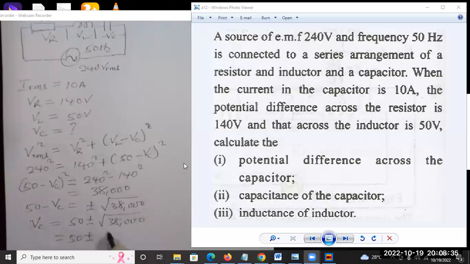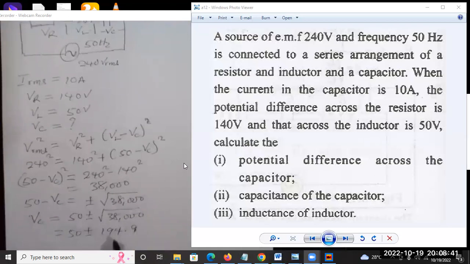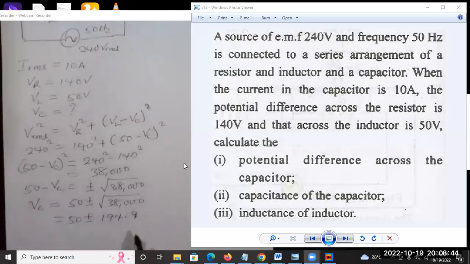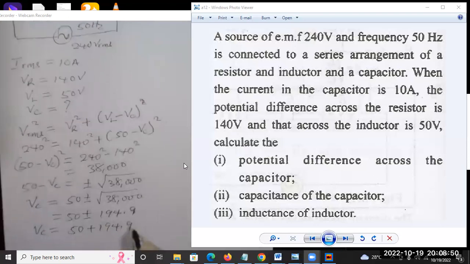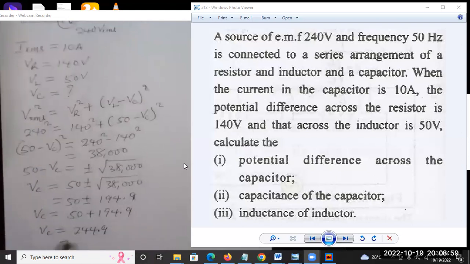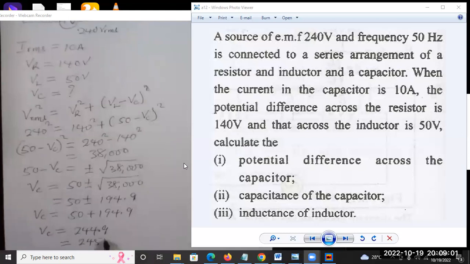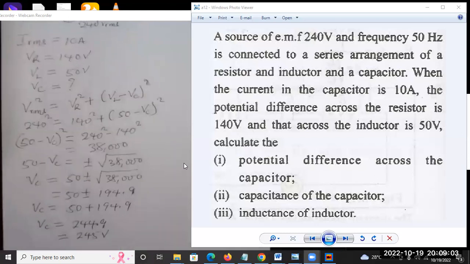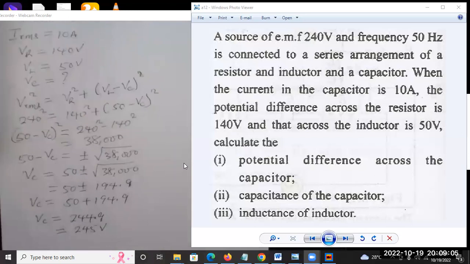Approximately, the square root of 38,000 is 194.9, and we are taking the positive value. That is VC equals 50 plus 194.9, which will give us 244.9 approximately, which is 245 volts, the voltage across the capacitor.